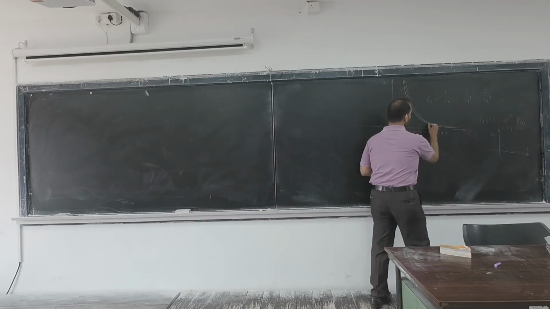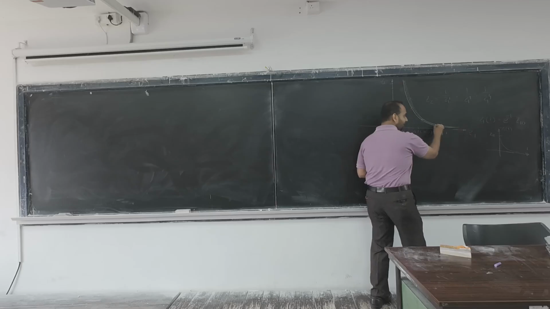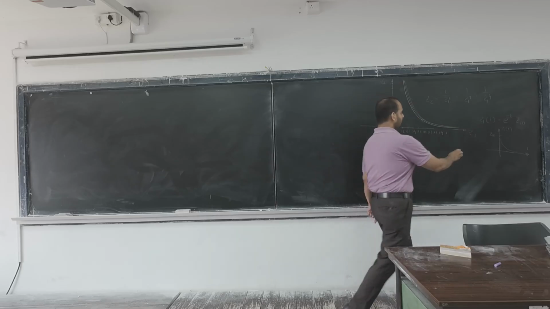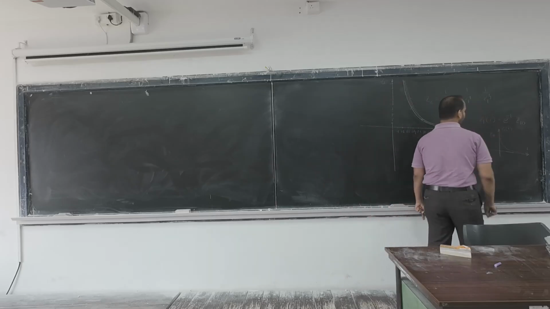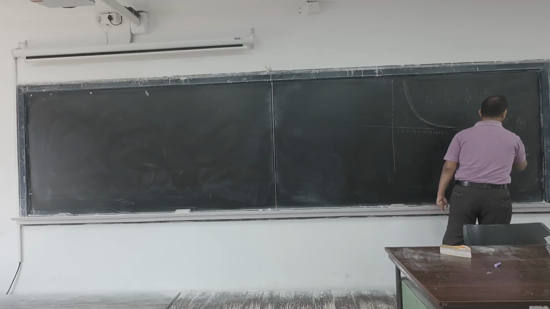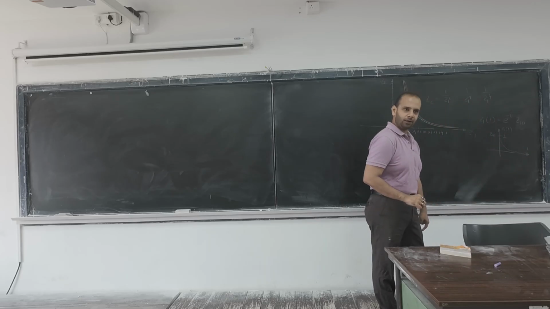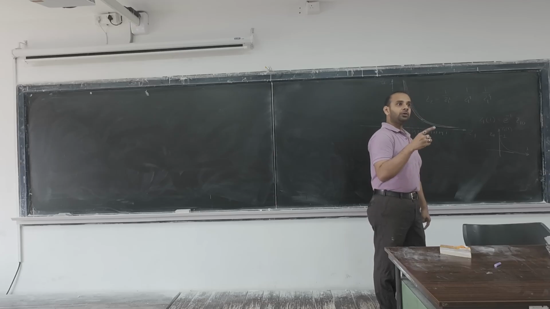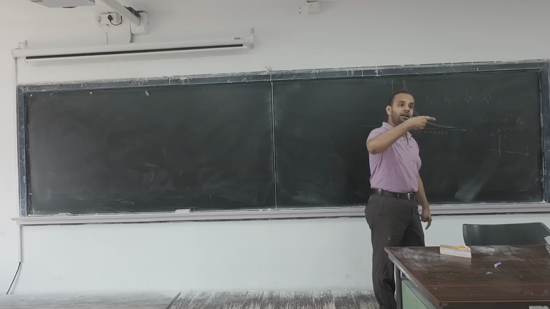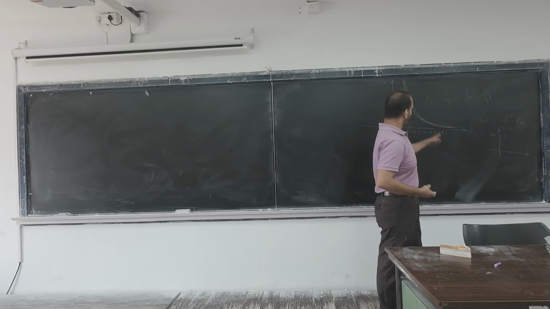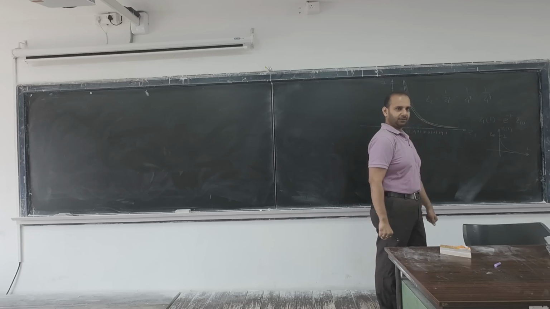That's why we are going in this direction, because the z1 value is decreasing, and for convenience I have chosen this one, so all the subsequent values would be less than 1. Its square would be further less than 1, then 1 by that. So that's why the values are rising, isn't it?